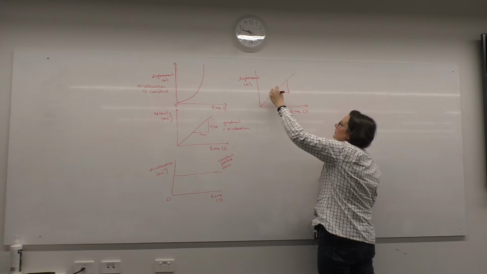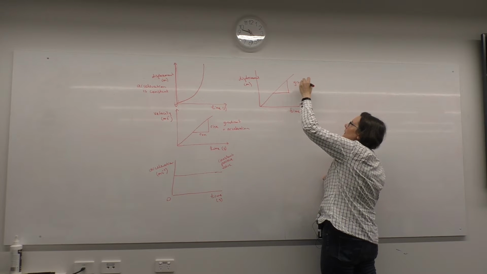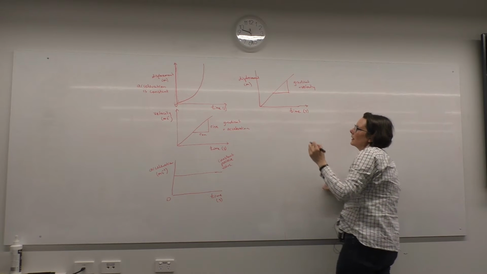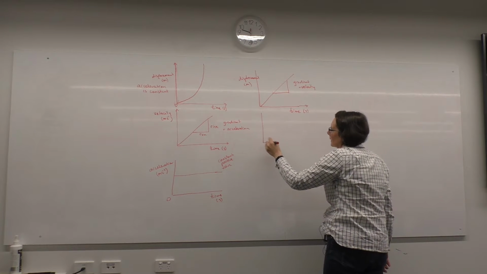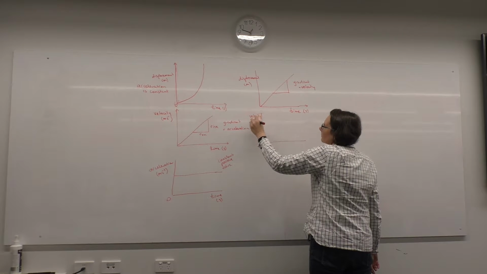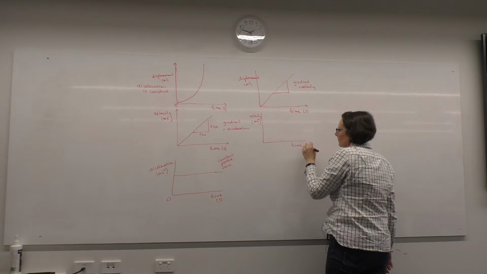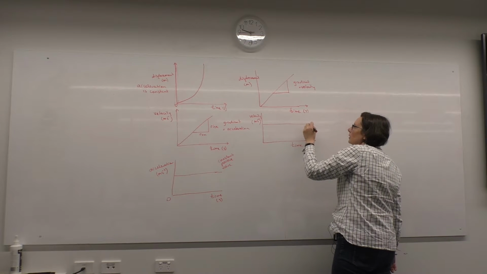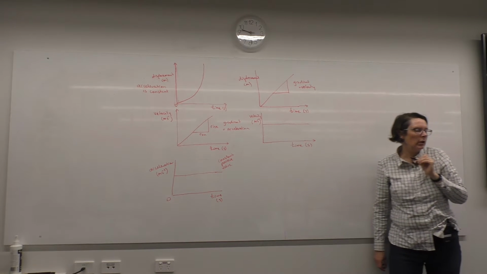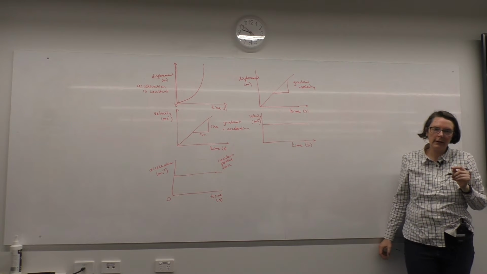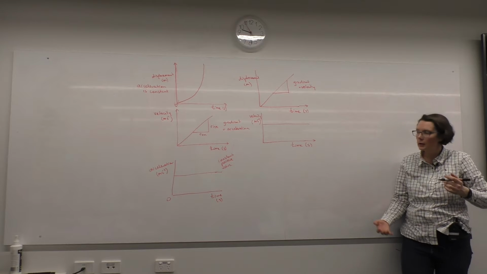This one, the gradient equals the velocity. So it's travelling with a constant positive velocity. We can calculate that, like I said, by finding the gradient of the displacement time curve.